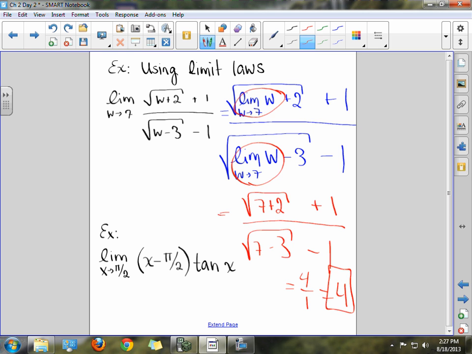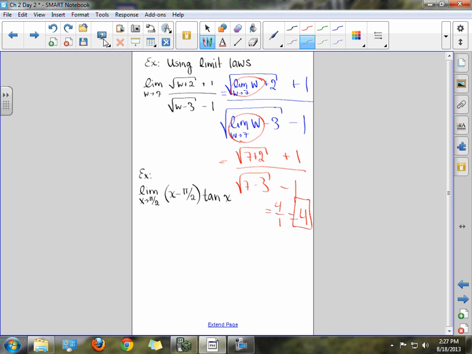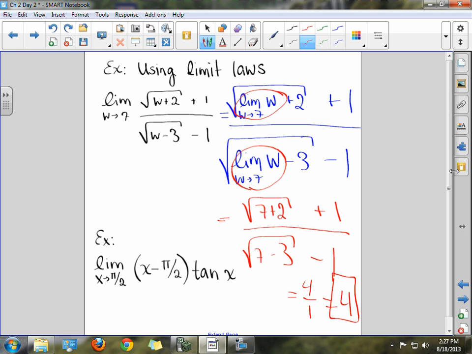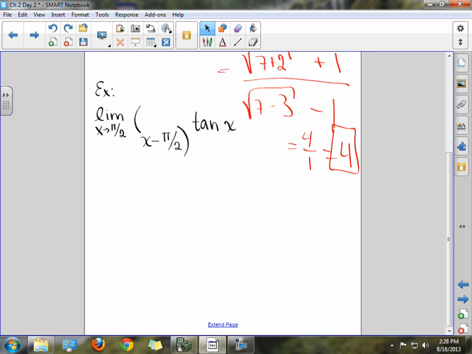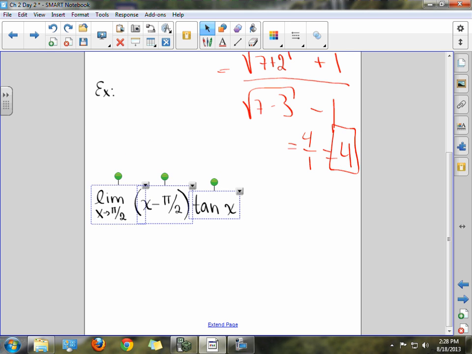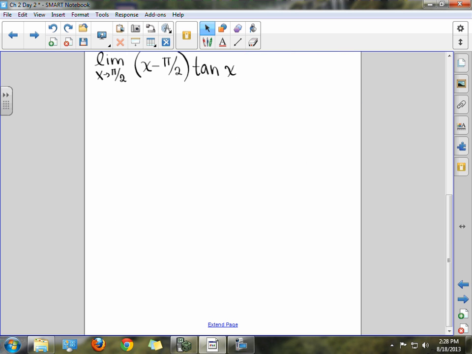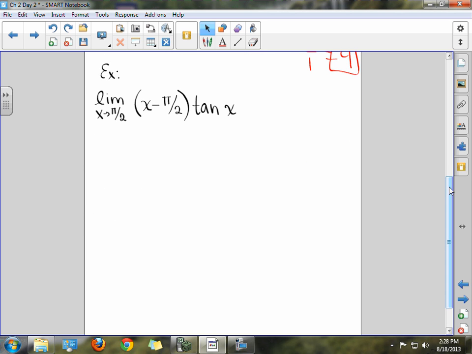Now let's look at when the limit laws won't work. So I have this example right here: the limit as x approaches pi over 2 of x minus pi over 2 times tangent x. If I wanted to apply the limit laws, I'd probably first apply the product rule.